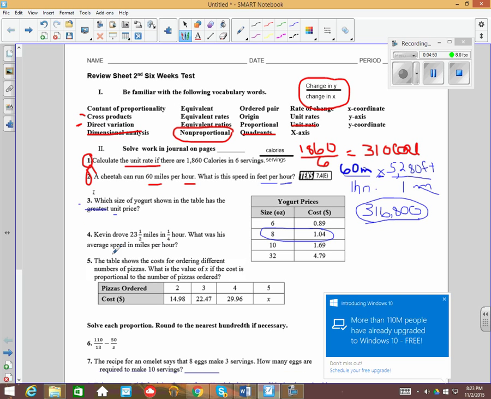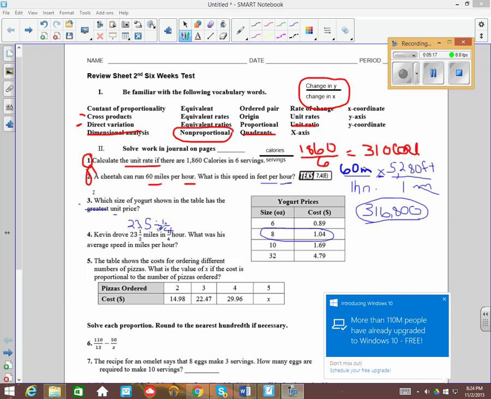Number 4. Kevin drove 23 and a half miles in 1/4 hour. What was his average speed per hour? Okay, so the average speed per hour, this is a division. So you could easily complete this by changing the 23 and a half to 23.5.